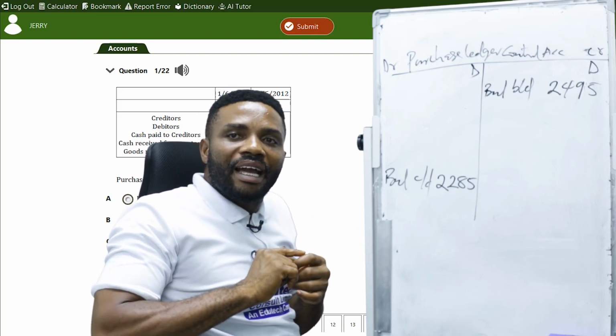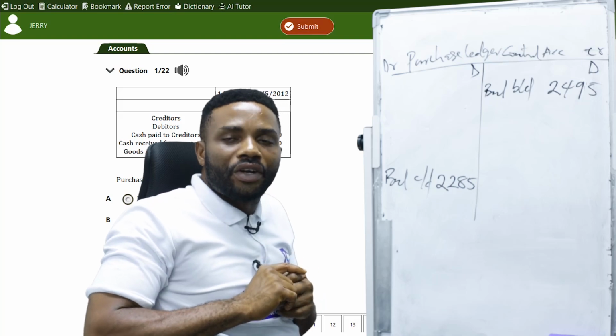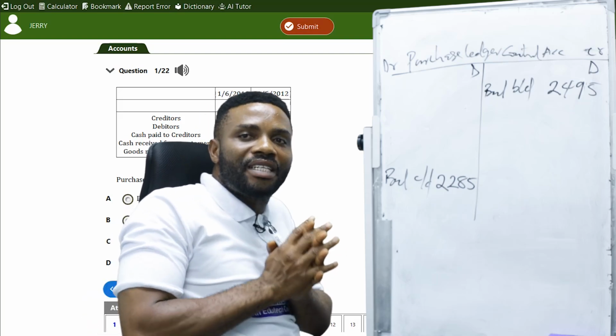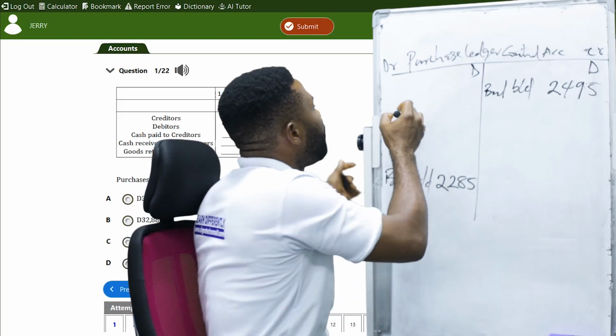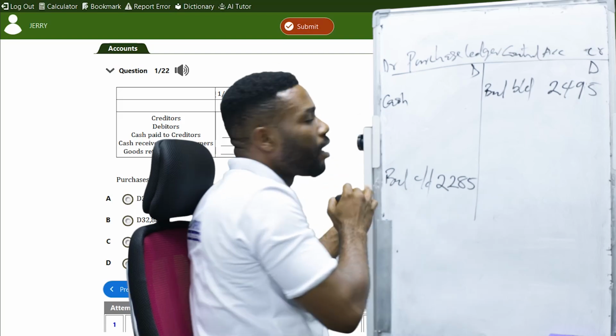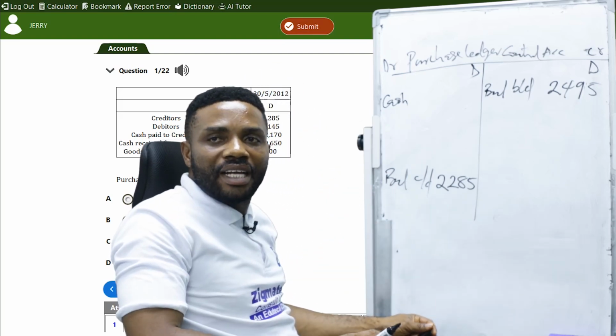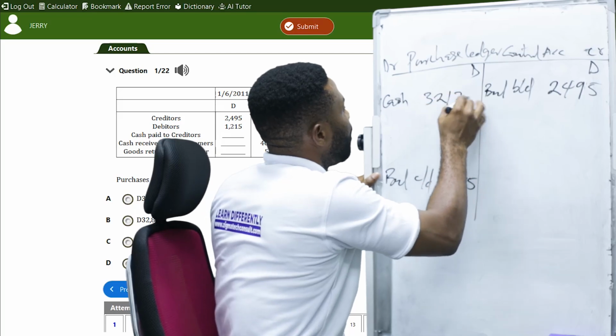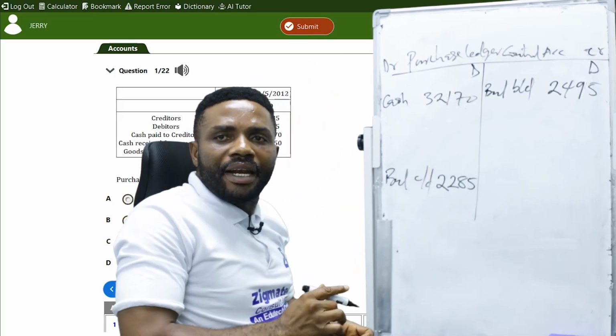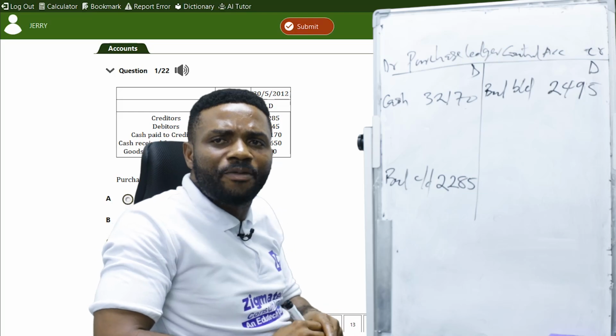Now look at it. Cash paid to creditors. Remember, we have said everything that will reduce what we are owing is debited. So you come here and you write cash. Well, how much is cash? Cash there is 32,170. And then the next transaction, cash received from customers.